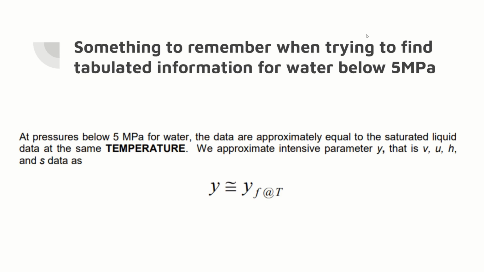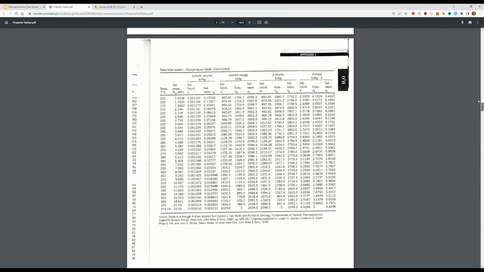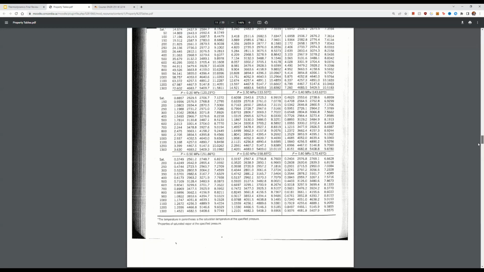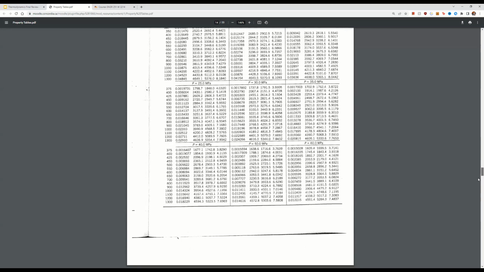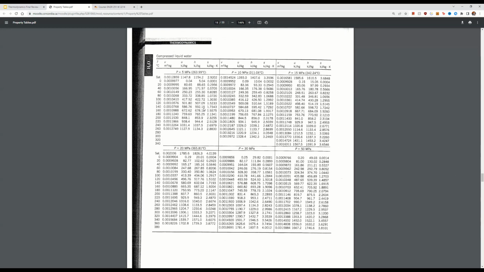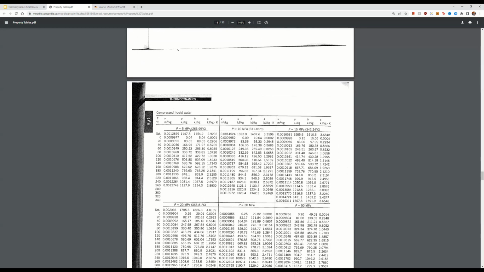So actually, let's go back to the property tables. Go to water at the compressed liquid. Right here, you see that its minimum pressure is 5 megapascals. So let's say that we have a temperature of 100 Celsius and a pressure of 2 megapascals, but we know that the exercise tells us that it's only a compressed liquid.